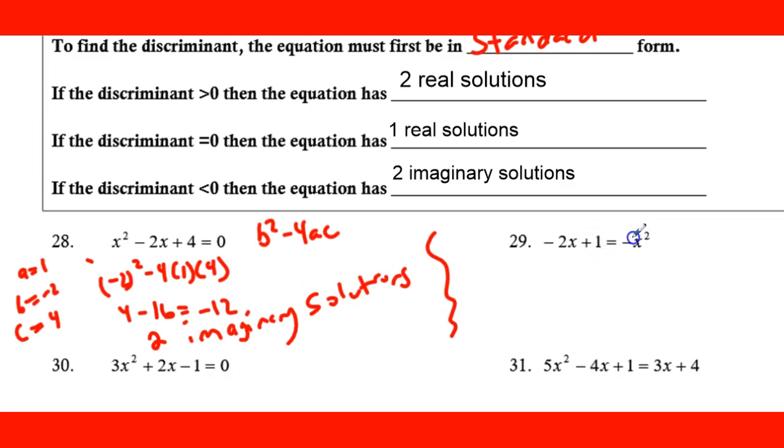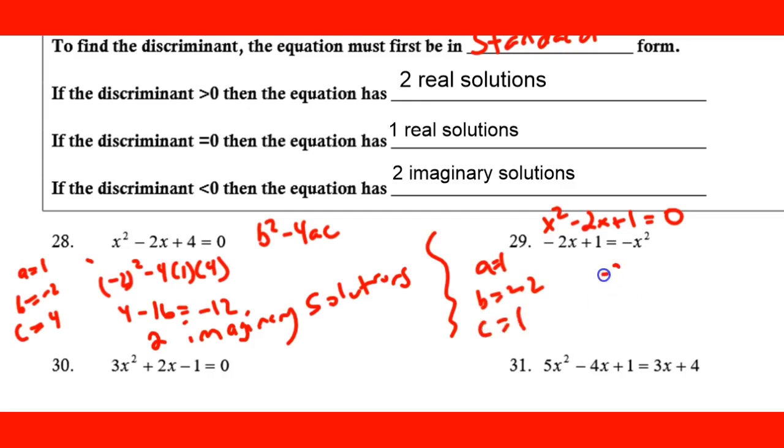Right here, first of all, we need to move this x squared. Remember we said you must put it in standard form. So we move that over here, and you're going to have x squared minus 2x plus 1. A is 1, b equals -2, c equals 1.